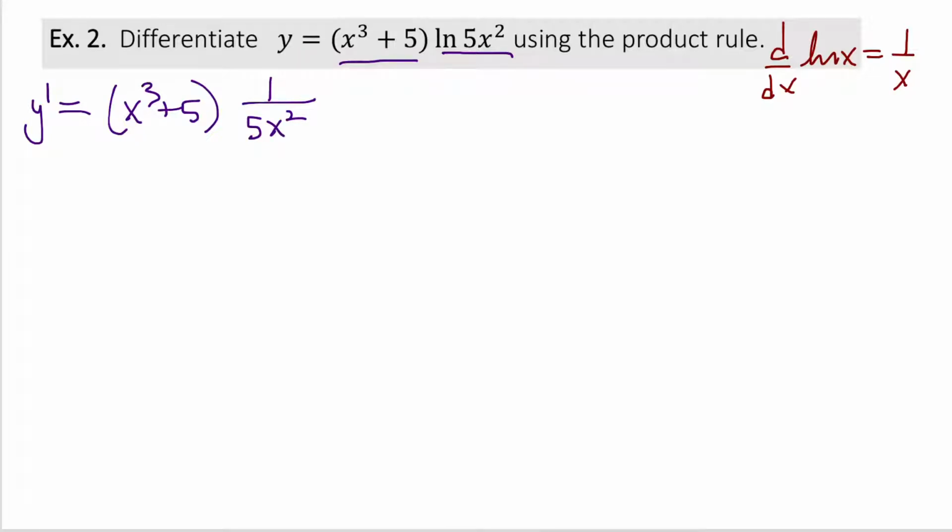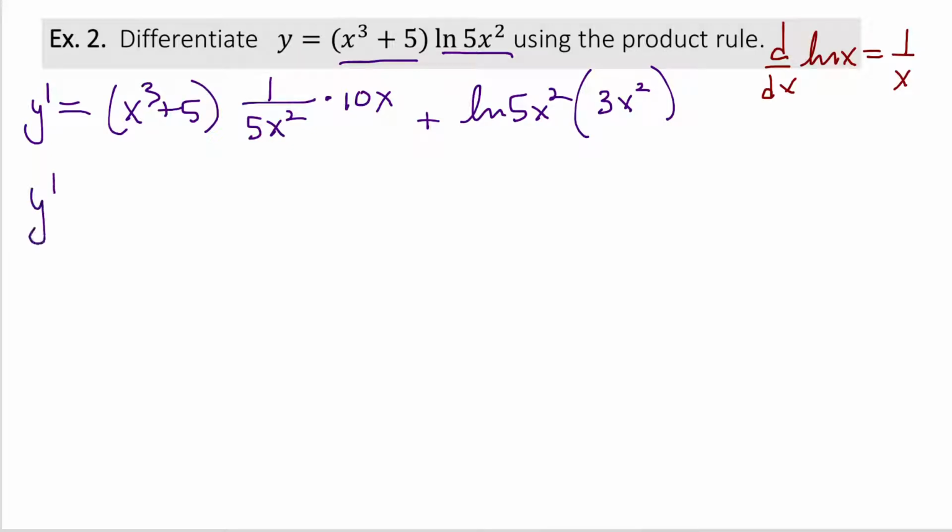So I have a non-x argument there, so I have to multiply it by the derivative of 5x squared, which is 10x. So that's the first times the derivative of the second, now plus the second times the derivative of the first. So I've got x cubed, the derivative of x cubed is 3x squared, and the derivative of 5 is 0.